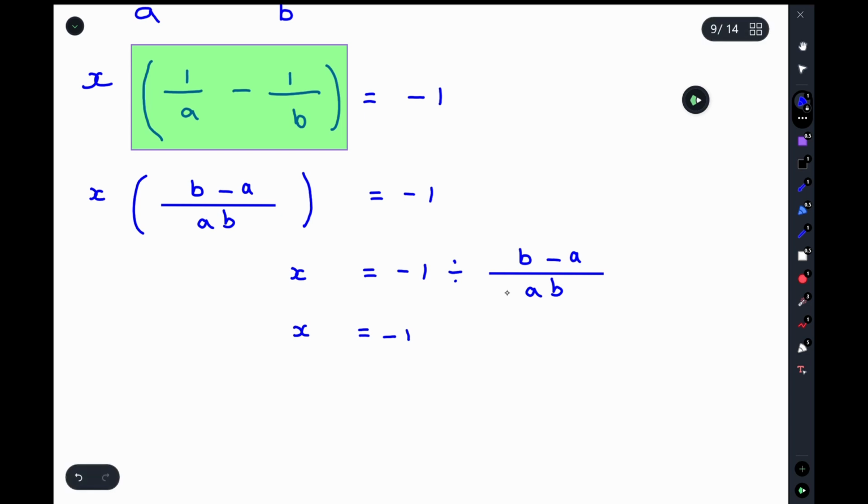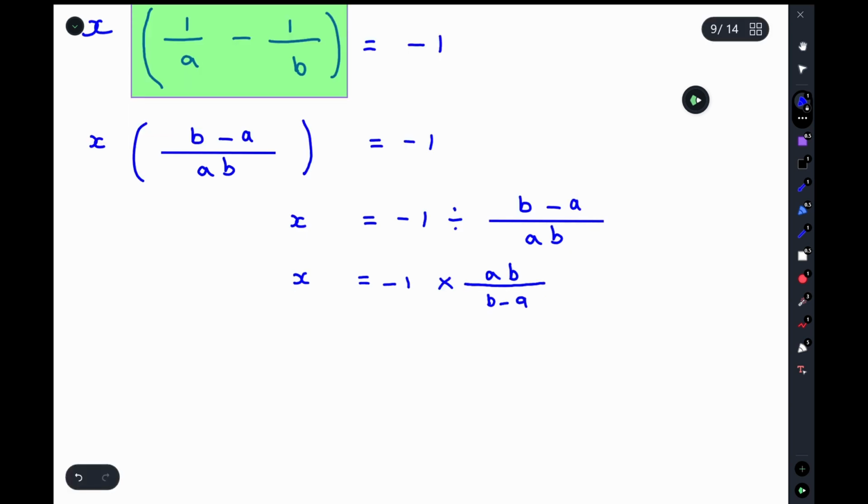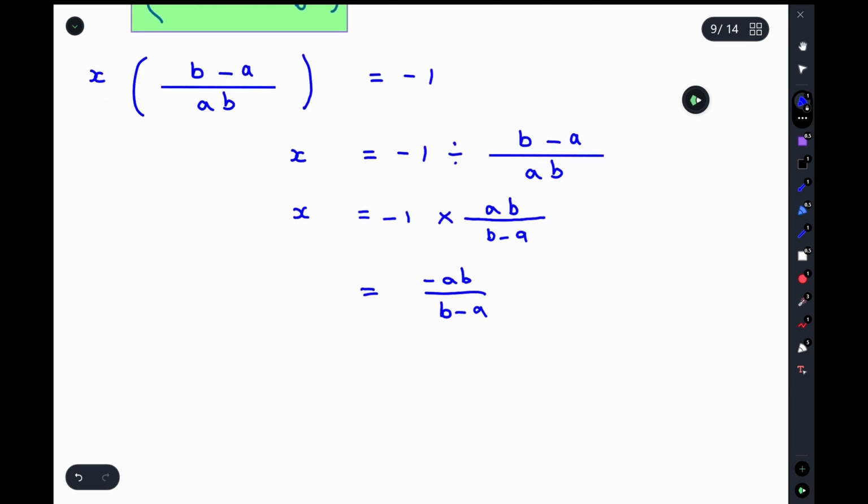When we divide by a fraction, we multiply by the inverse. So this becomes ab divided by b minus a. That is our new fraction. So now we have negative 1 multiplied by ab would be negative ab divided by b minus a. We can leave it in this form.